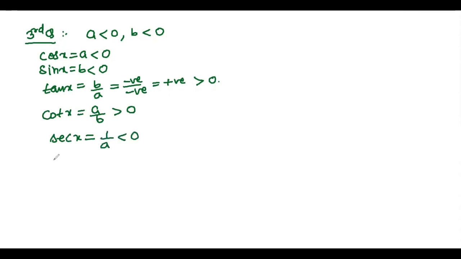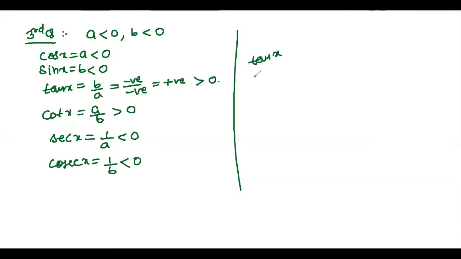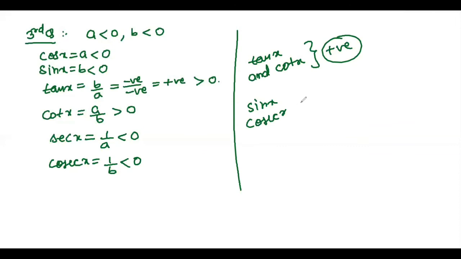And cosec x, that will be 1 by b, less than 0. Means in the third quadrant, tan x and cot x positive, sin x, cosec x, cos x and sec x, these are negative in the third quadrant.